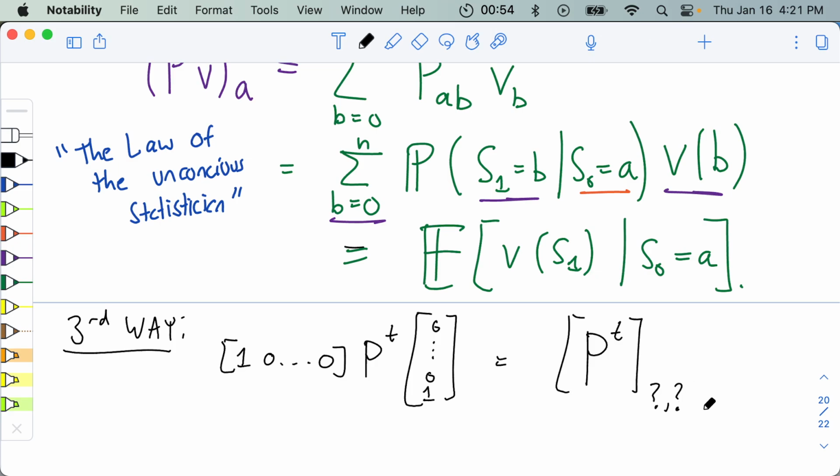That's because when you multiply by a vector that has a 1 and all zeros, you're pulling out a row. So when you do this times this, you're pulling out a row, and when you do a matrix multiplication like this, you're pulling out a column. If you pull out a row and then a column, you just have an entry. This is a basic fact about linear algebra. When you do multiplication like this, you're doing a linear combination of the rows of the matrix. So this is saying, please do 1 copy of the first row and 0 copies of all the other rows and add them together.